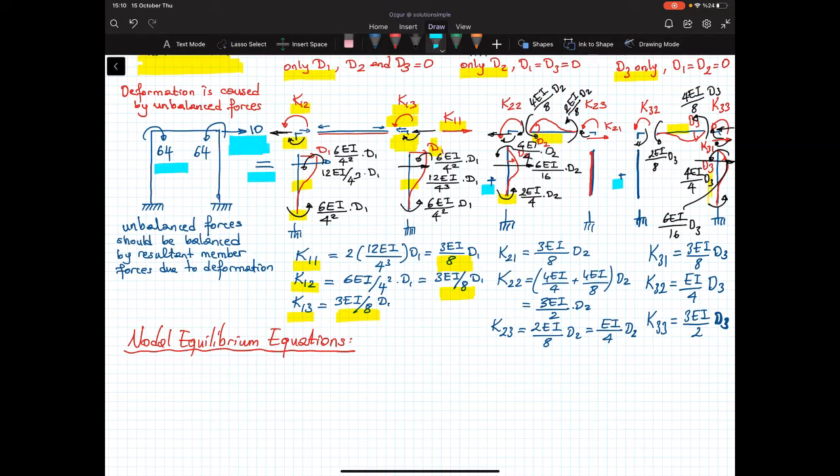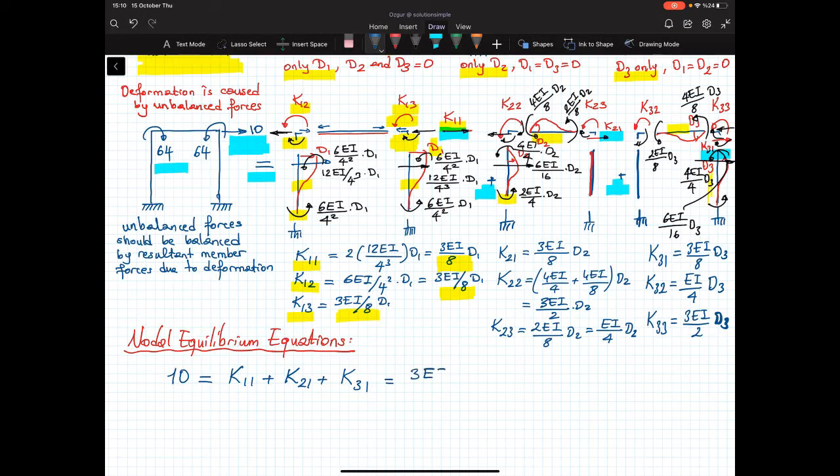So for this one, 10 is equal to K11 plus K21 plus K31.